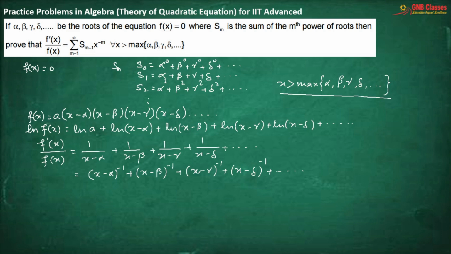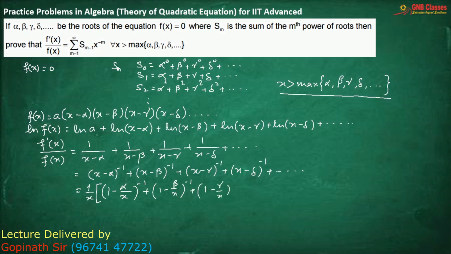Now, if I take x common from each term, then we are going to get 1/x times (1 minus alpha/x) to the power minus 1 plus (1 minus beta/x) to the power minus 1 plus (1 minus gamma/x) to the power minus 1 plus (1 minus delta/x) to the power minus 1, and so on, right?